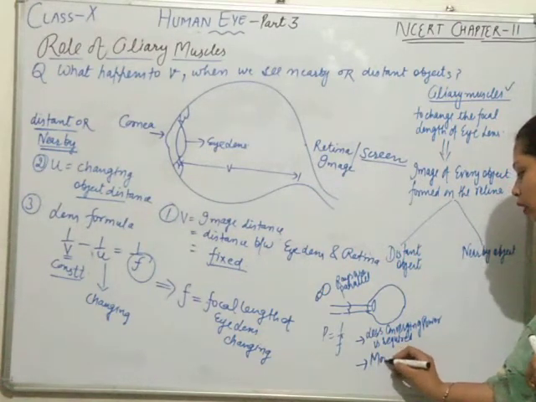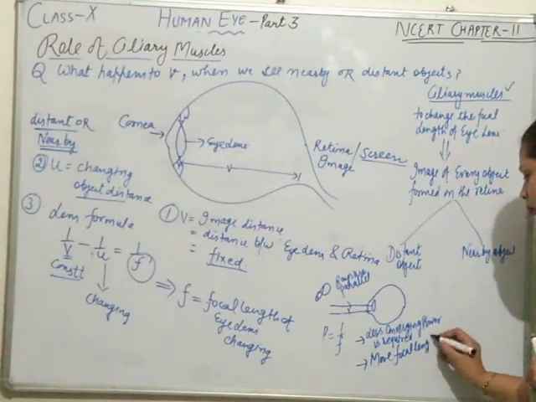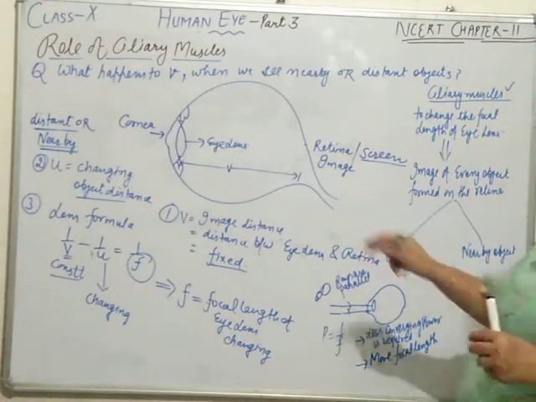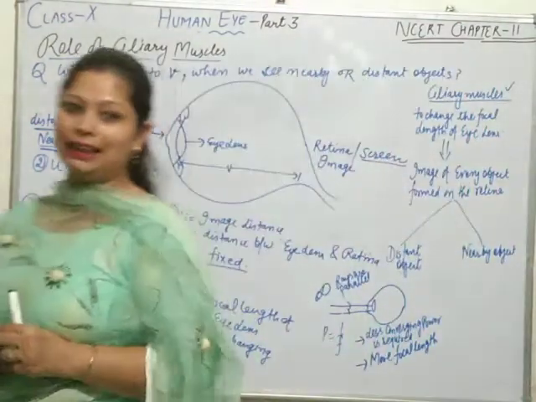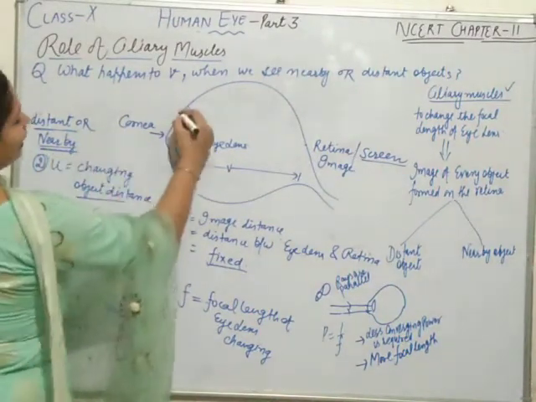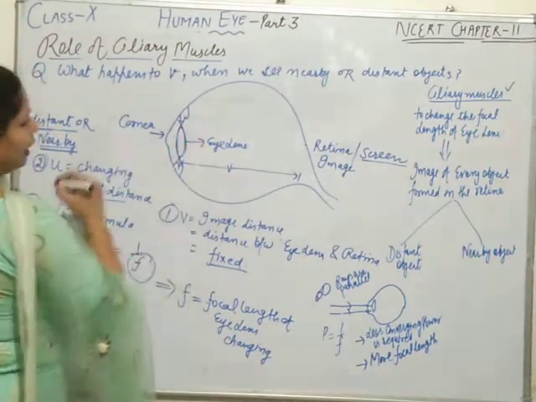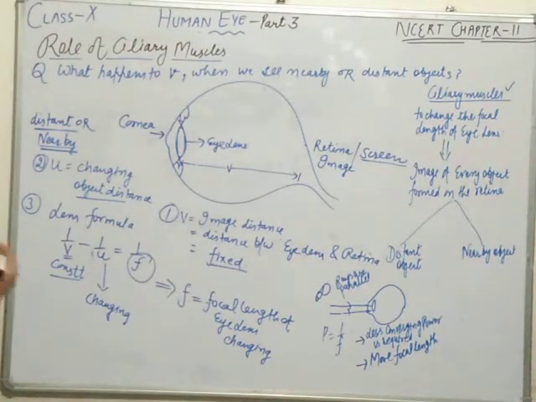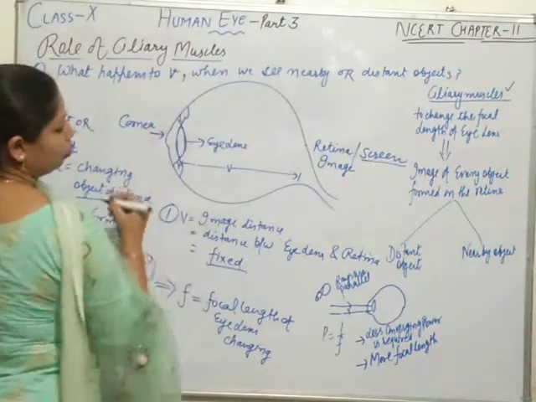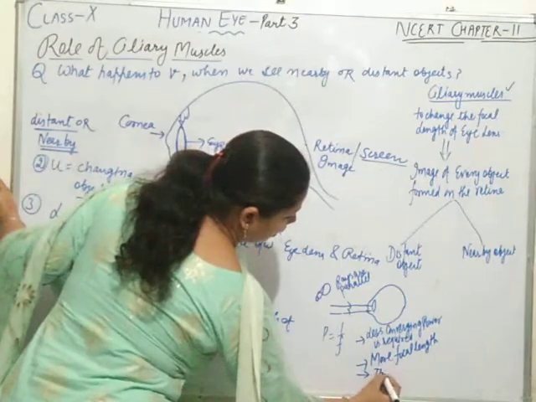So more focal length. When the focal length of this eye lens, which is a convex lens, is to be increased, the lens becomes thin. It means it is in a stretched position. So it makes the lens become thin.